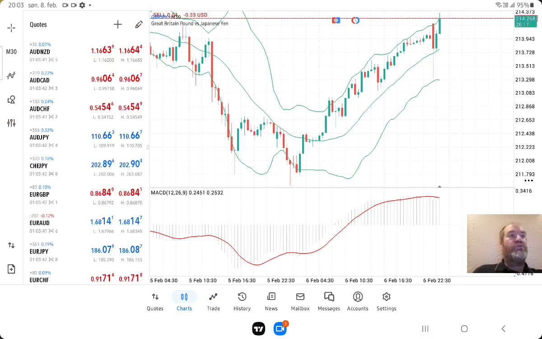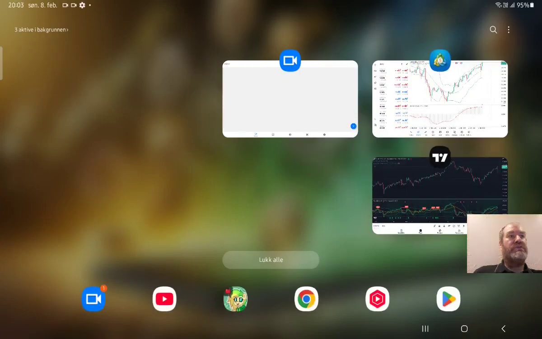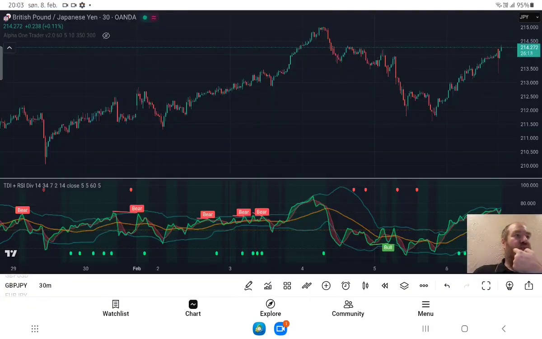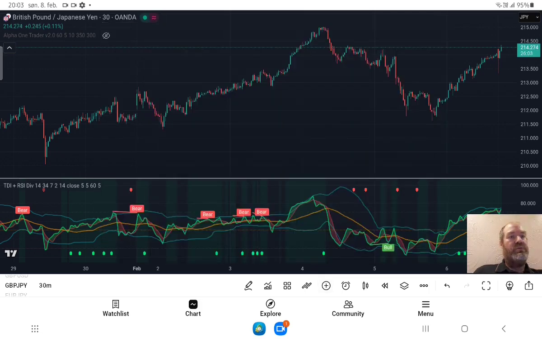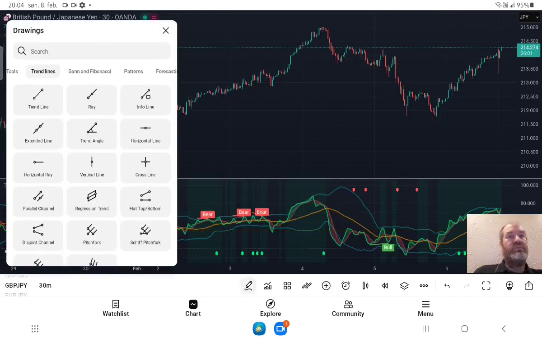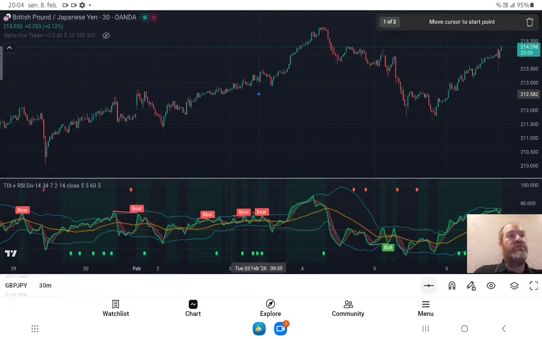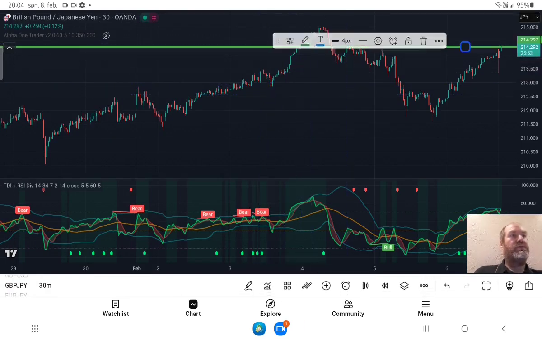Let's go back to TradingView. Let's mark the area where we did take a trade here now. Let's take a horizontal line there, like that.